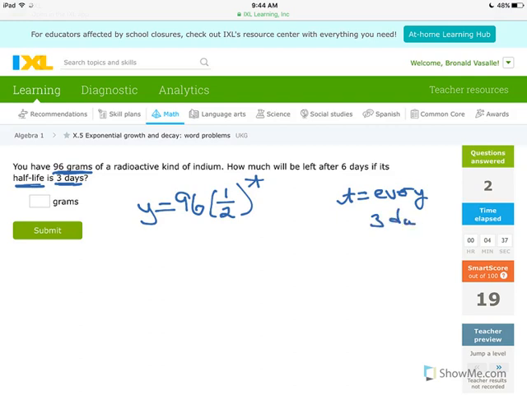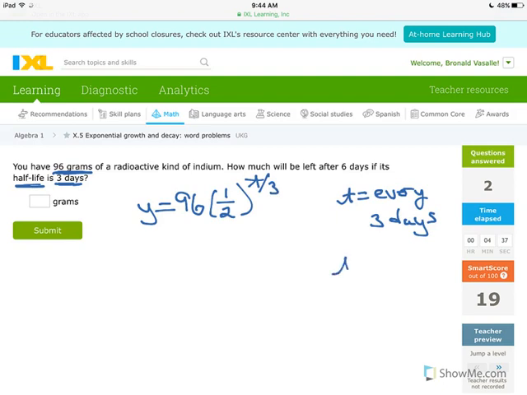So t wouldn't actually be 3 itself, so this is a little tricky. If you use this definition for t, if t was 1, then that would equal 1 3-day cycle. So what you'll see a lot of people do is they will actually divide it by 3.